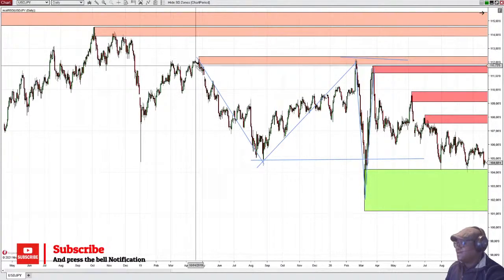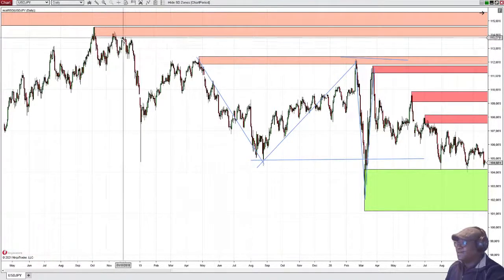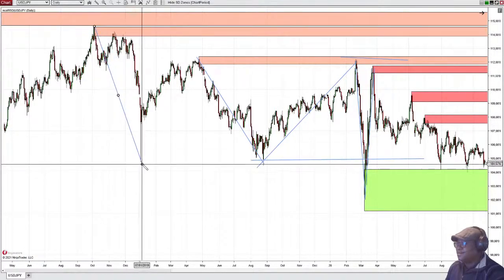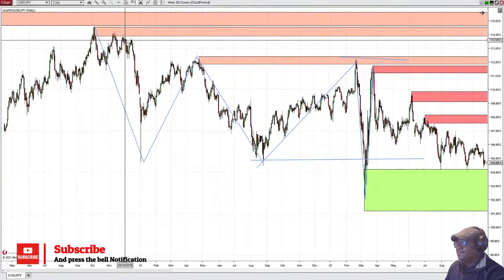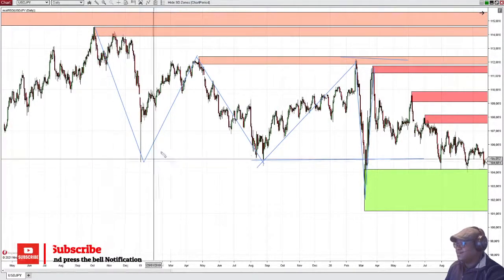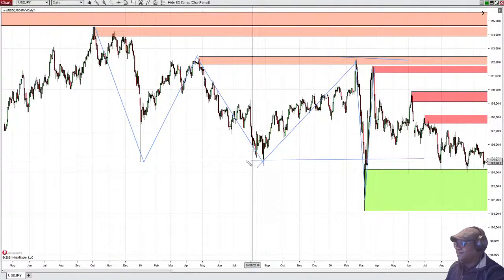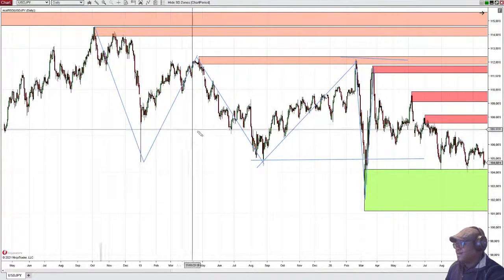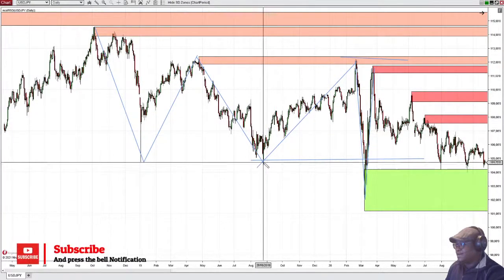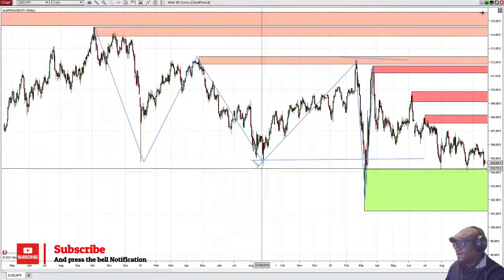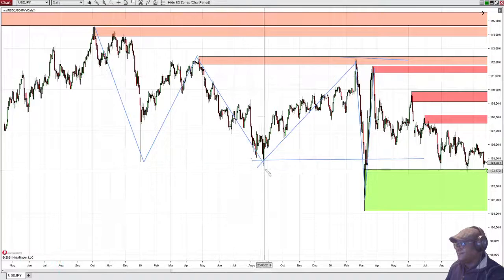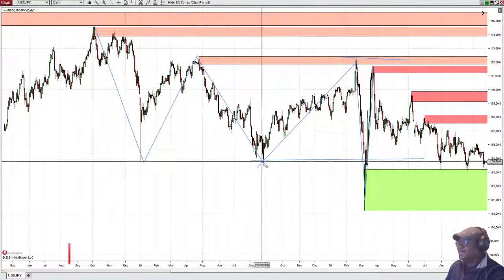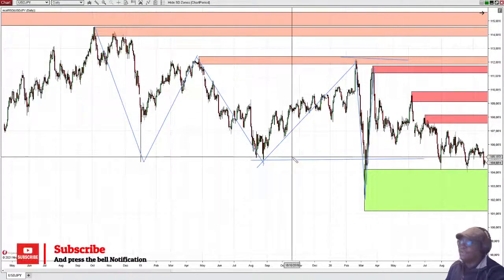And this, it just tapped it. But this one from here, it did not pass it. So one, two, three legs. This is the lowest low, so this is the leg. The whole trade is still in the range of this move. That shows that yes, it's in a downtrend.